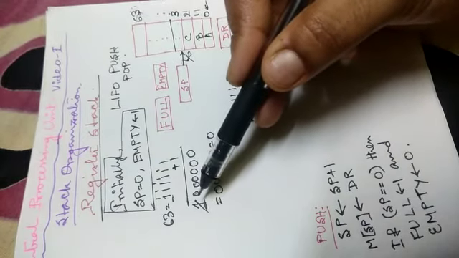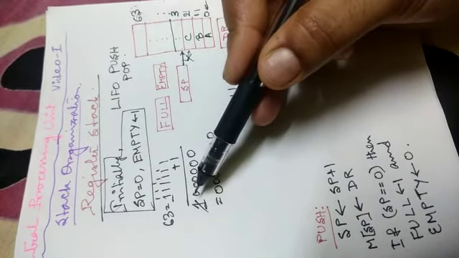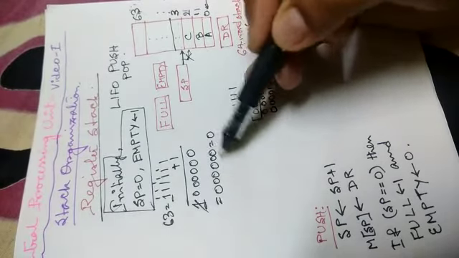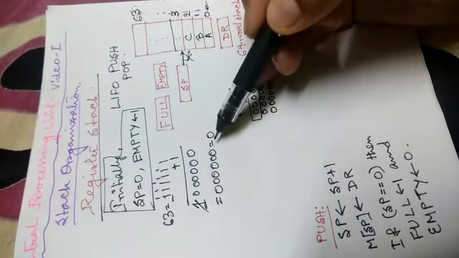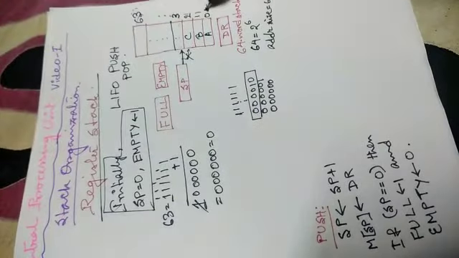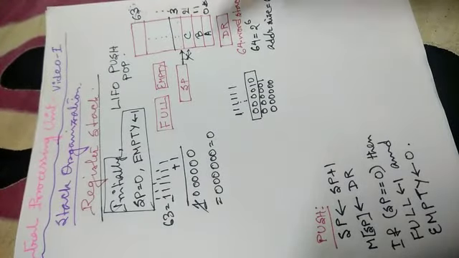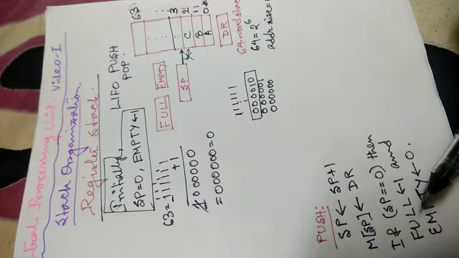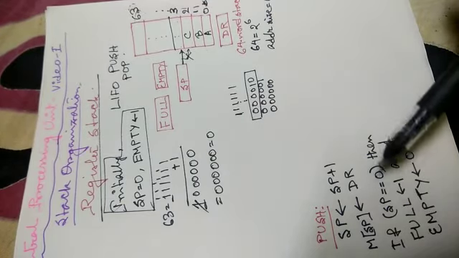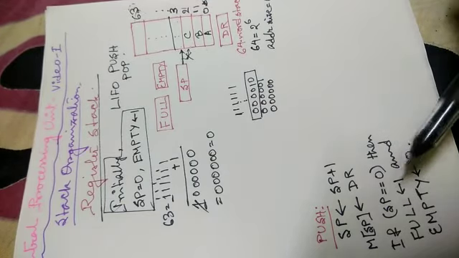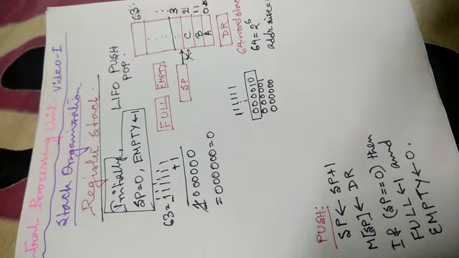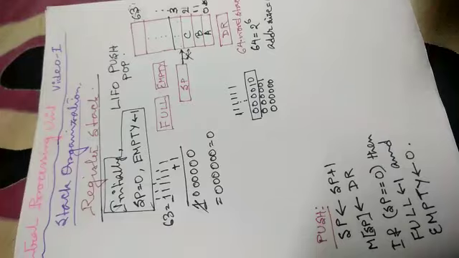Since it is a 2's complement operation, we discard this carry. Remaining bits are 0 0 0 0 0 0. That means 0, the decimal 0, right? So we set it as a condition to be full. That is why if SP is 0, then full is set to 1 and empty is 0. Got it?